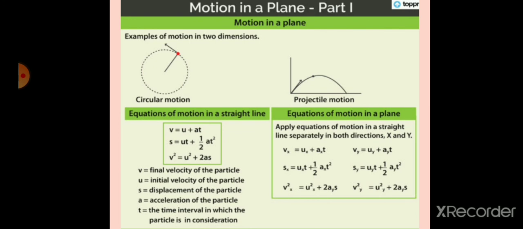Vx square is equivalent to ux square plus 2ax into s. Vy square is equivalent to uy square plus 2ay into s. Here, the velocity, displacement and acceleration have x and y components. The two examples of motion in two dimensions are projectile motion and uniform circular motion.